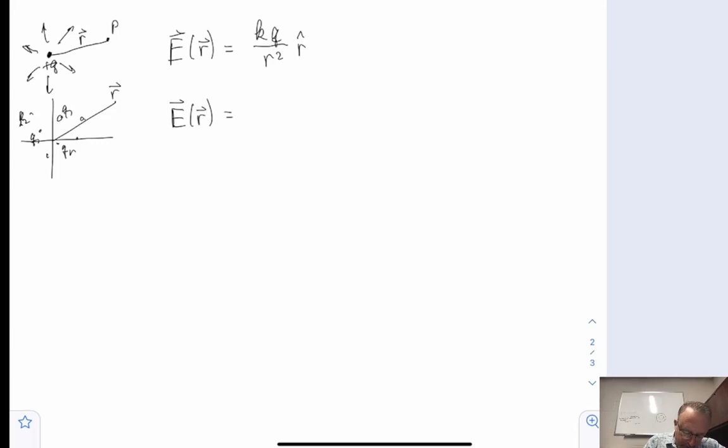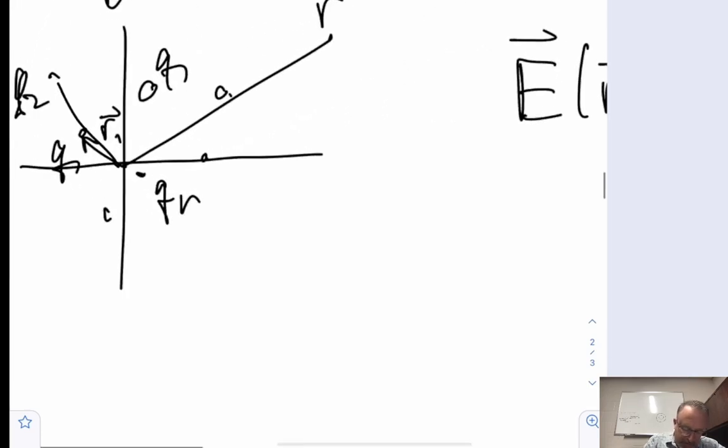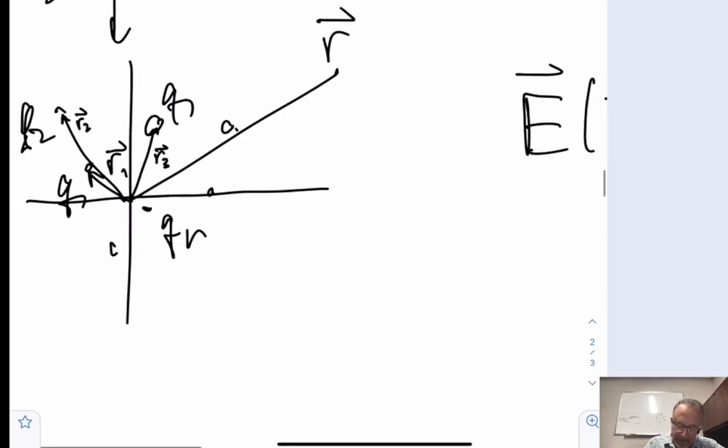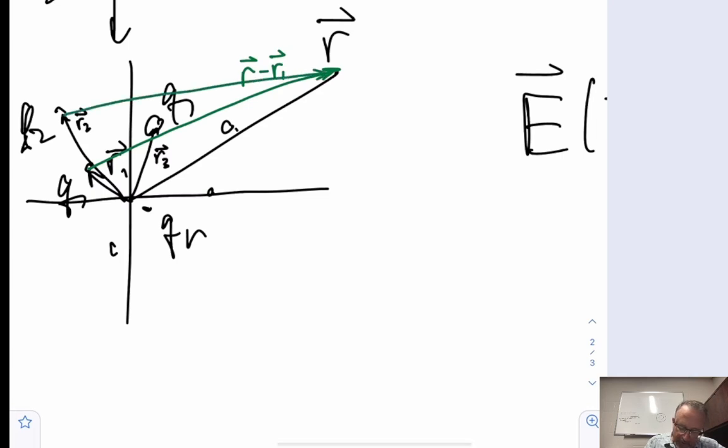The electric field at point R, because each one of these charges is at a different R. We have an R1, we have an R2, we have an R3, right? And we don't actually care about any of those. What we care about is the distance from R1 to R. And this distance is actually R minus R1. And the distance, let's say, from R2 to R, this distance is R minus R2, okay?